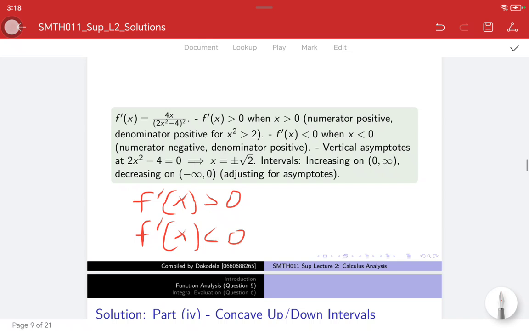Anyone? Guys? Who can tell us, is this increasing when we are having greater than 0, or is it increasing when we are having less than 0?